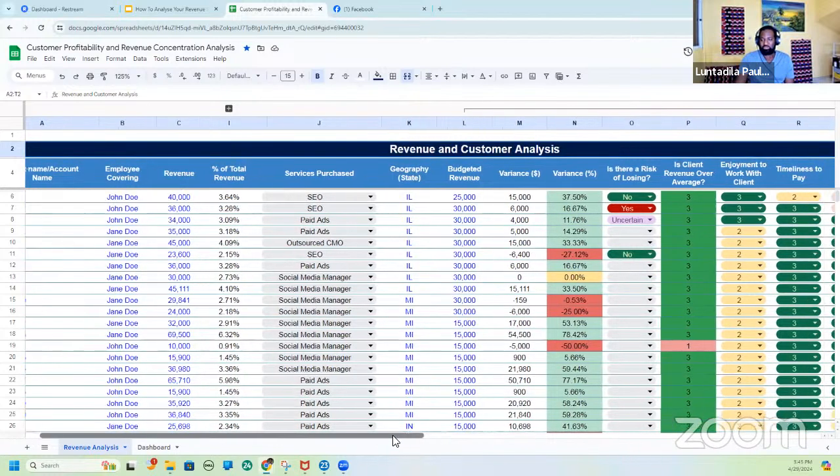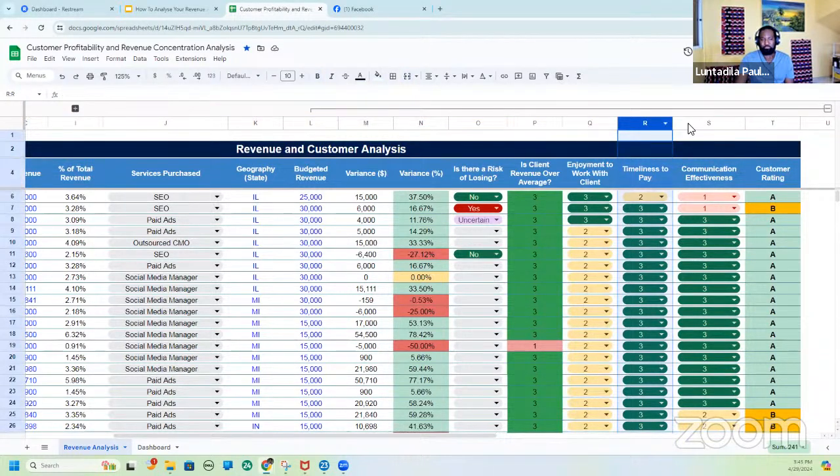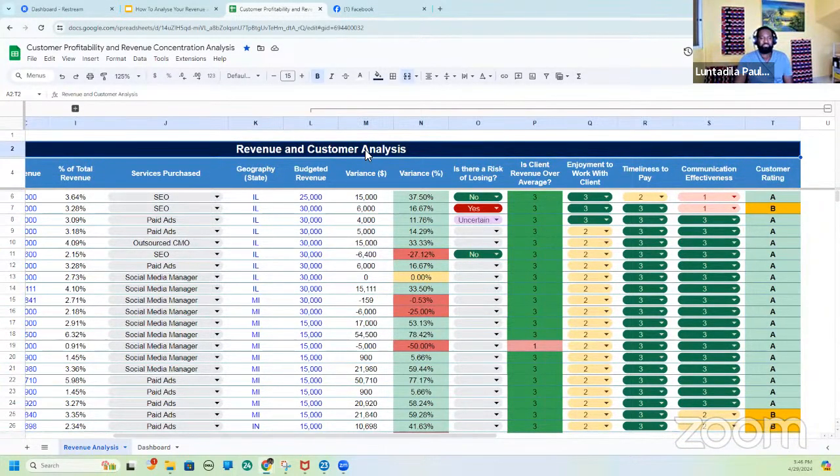And the other items we have developed here are qualitative formulas that help us come up with a customer rating. Okay. This customer rating allows us to do that second piece, right? Deciding whether or not we're going to keep certain clients or let them go so that we can start restructuring our client base according to the profile of client we want to work with moving forward.